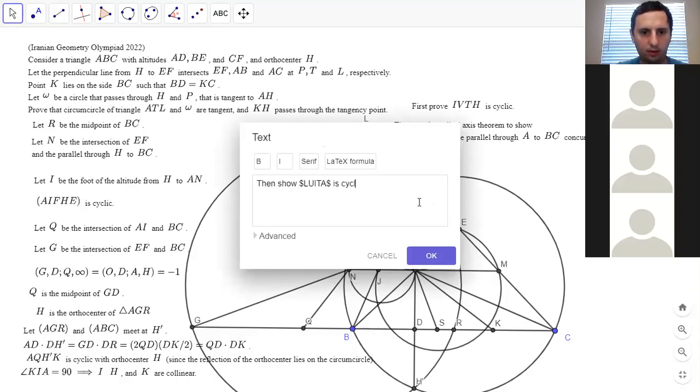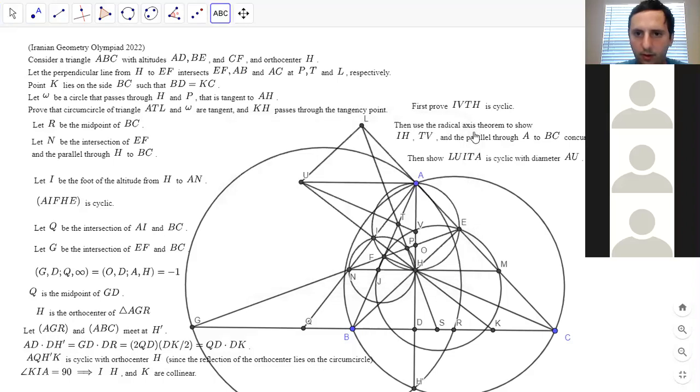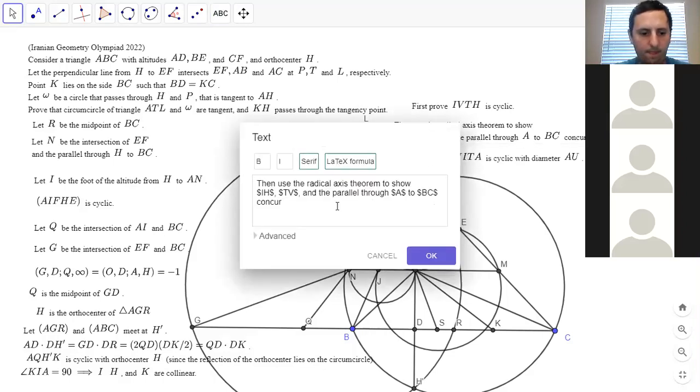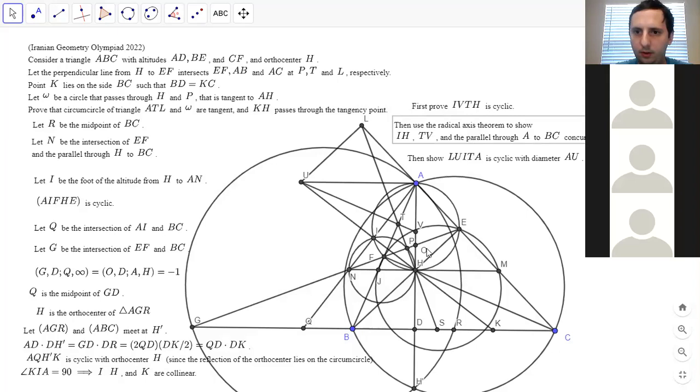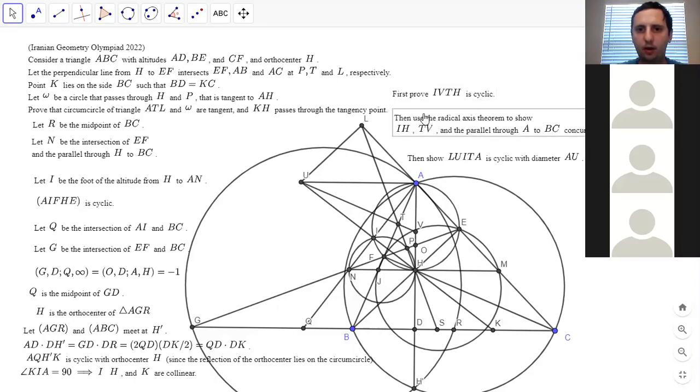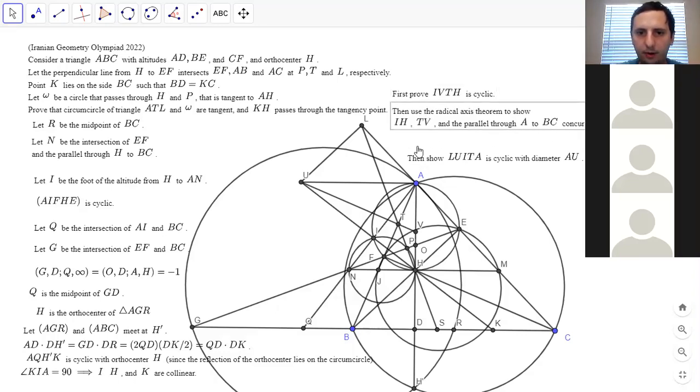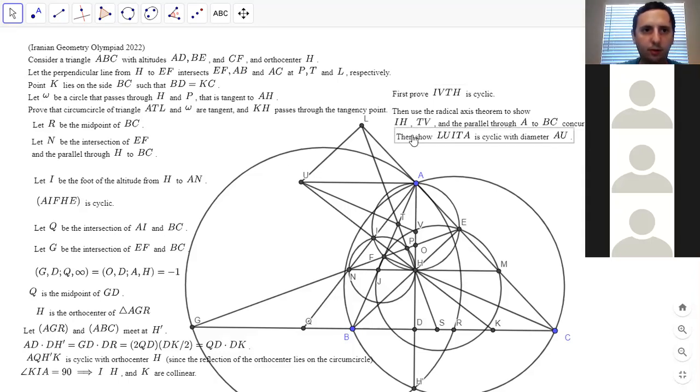So I'll say they concur at a point U. So basically this is it, and then from there, it's not hard to show those circles are tangent, right? Because if this is the right angle, yeah.